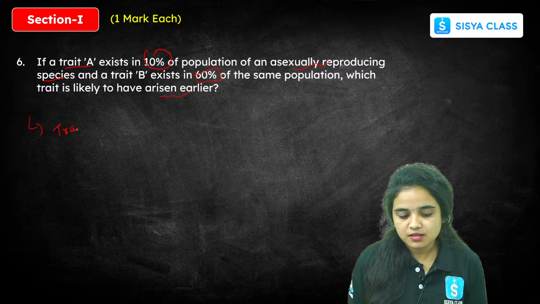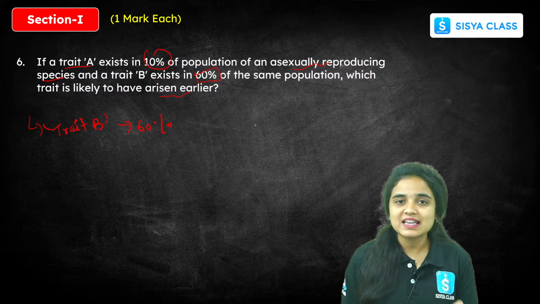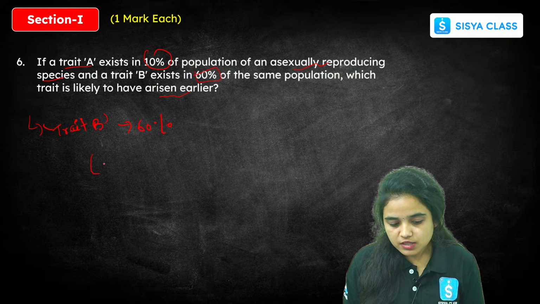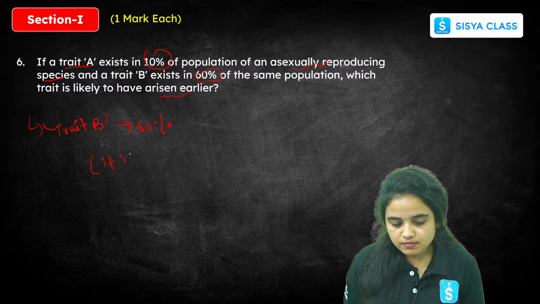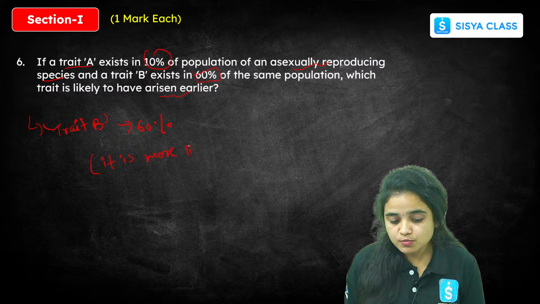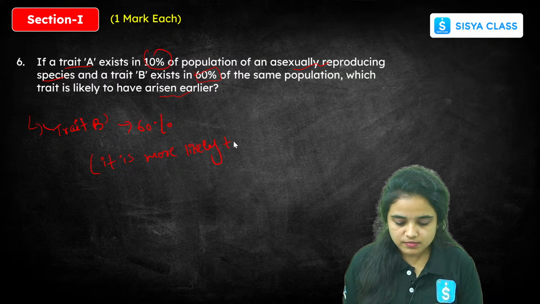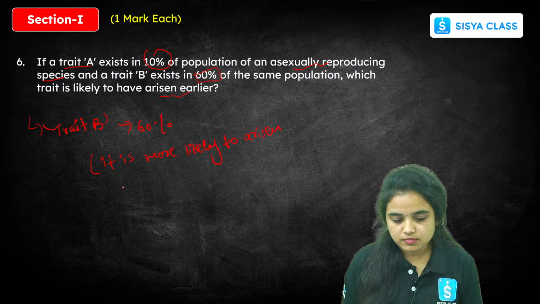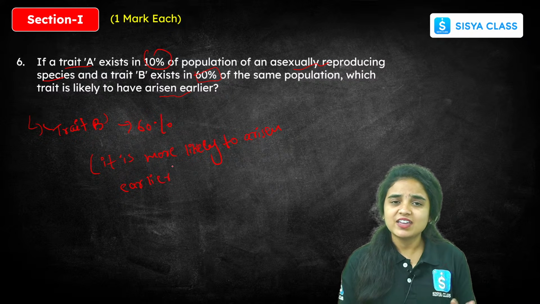Coming to trait B, 60% of the same population has it. So trait B is more likely to have arisen early when we compare it to trait A.